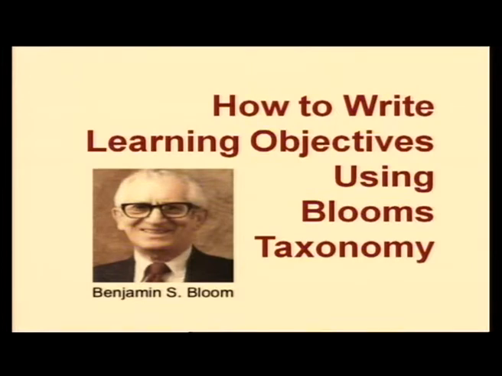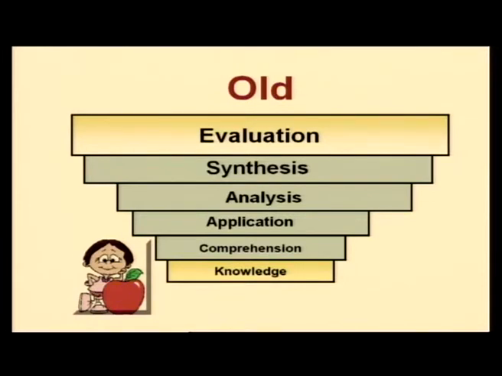Earlier we said Benjamin Bloom has written a lot about it, and many other authors after him have written about how you write learning objectives using Bloom's taxonomy. There is an old taxonomy and a new taxonomy. The old taxonomy, as on your screens, says knowledge, comprehension, application, analysis, synthesis, evaluation.